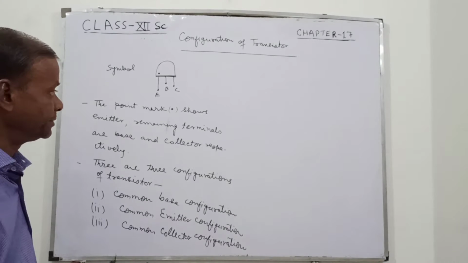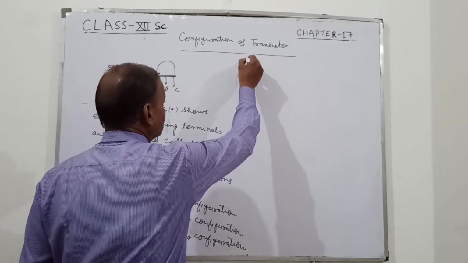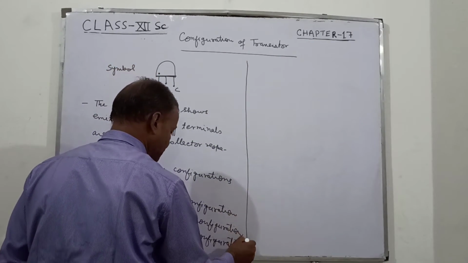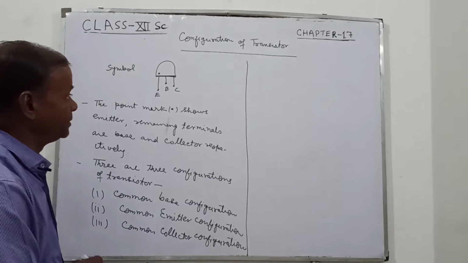And third, the common collector configuration. Now I will draw the circuit diagram of all these three types of configurations.